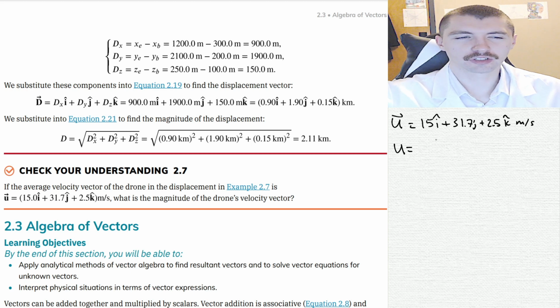So this is interesting. I mean, it's saying you're going 15 meters per second in the x direction, 31 meters per second in the y. So it wants to know what's the magnitude of the velocity. So what's this mean if we were going to express it as one vector?